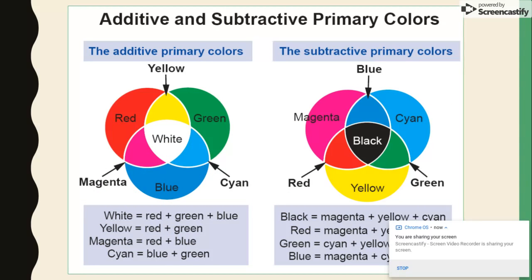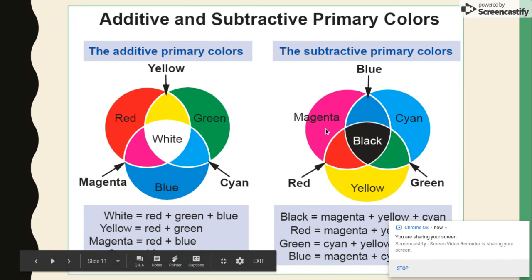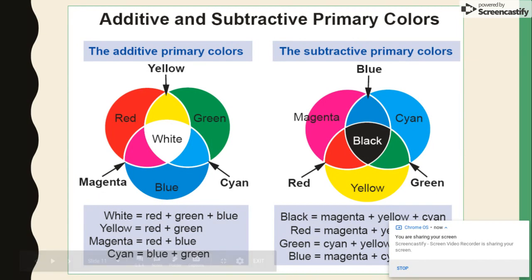All right, so that is the additive primary colors, where we create a whole lot of colors out of just red, green, and blue and mixing them together. We also have what are called subtractive primary colors. They're a little bit different. Magenta, yellow, and cyan are over here. You can see them where my mouse is.